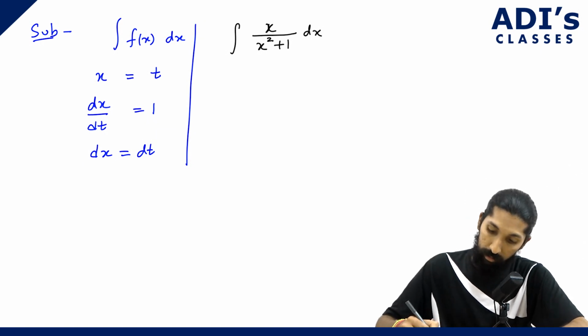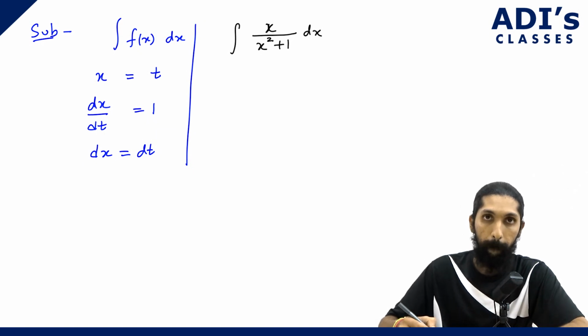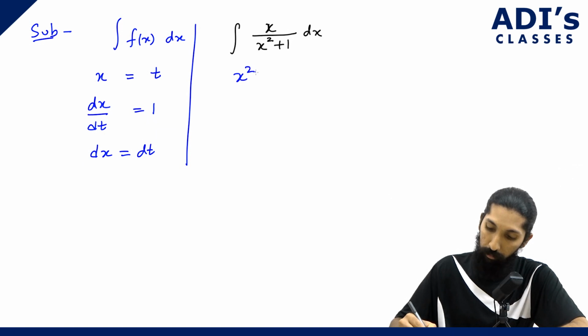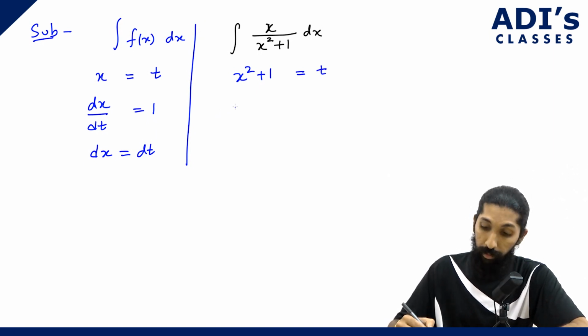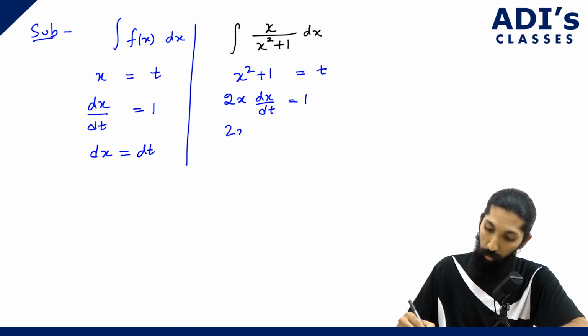Now x divided by x square plus 1 is very easy if you use the substitution method. We substitute x square plus 1 as t. Now we need dx by dt, so differentiate this. You get 2x into dx by dt is equal to 1. So 2x dx is equal to dt.